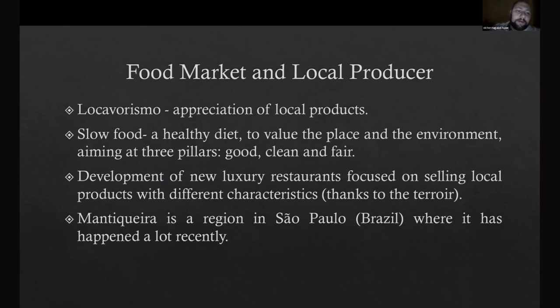Moreover, we have the development of new luxury restaurants in Brazil focused on selling local producers' products with different characteristics, because we have a different environment that we call terroir. And in Mantiqueira, a region in São Paulo and Minas Gerais, we see this happen a lot.